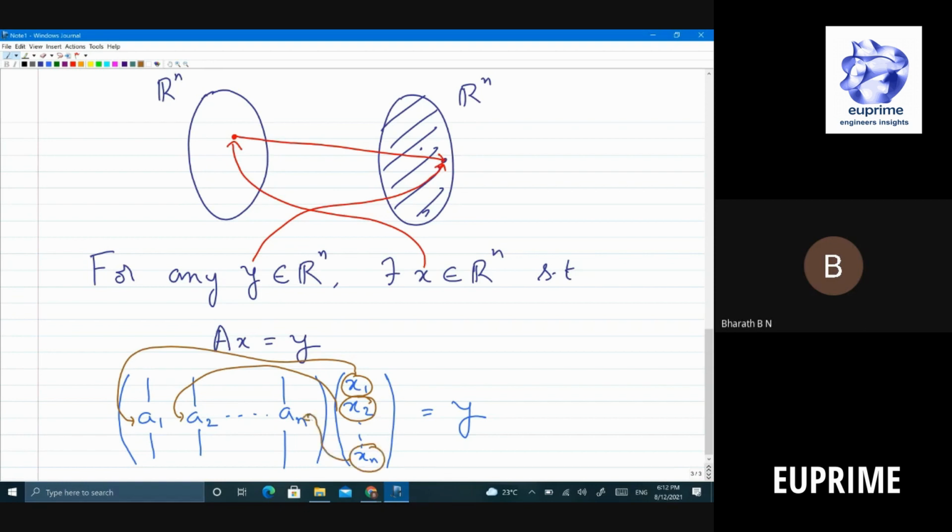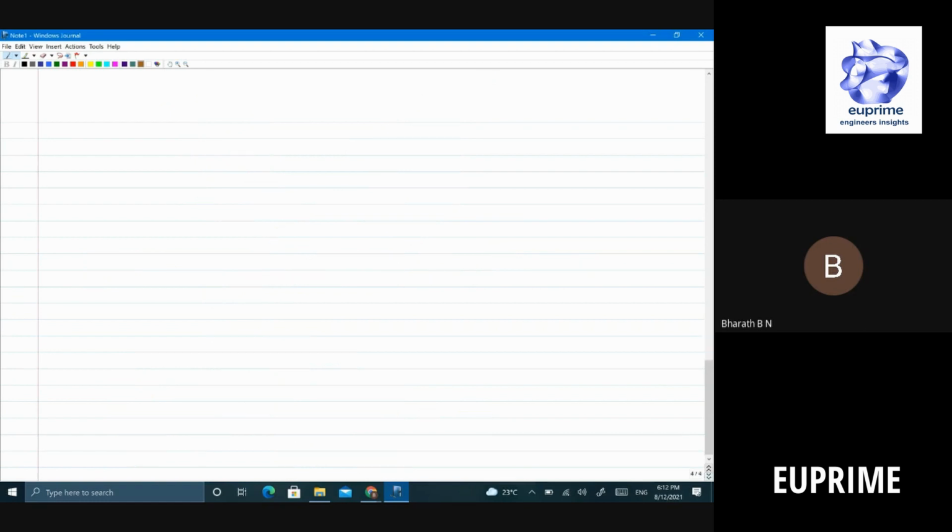So all that you are doing is taking the first column of the matrix A, scaling it by x1, the second column of A, scaling it by x2 and so on, and then adding all of them. That will give me the product Ax. So how do I write this? This is basically the summation i equal to 1 to n of xi, which is a scalar, multiplied by ai. What we get should be a vector y.